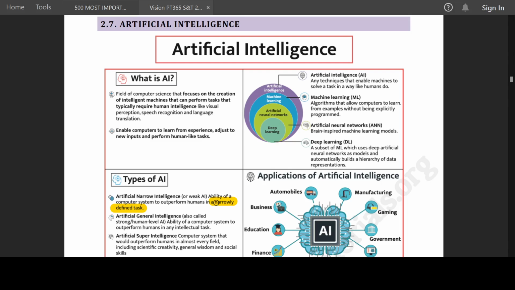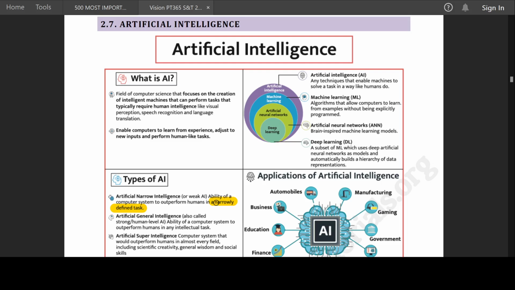Artificial intelligence is the uppermost part of the whole technology. Any technique that enables machines to solve a task in a way like humans do is called artificial intelligence. Machine learning: algorithms that allow computers to learn without being explicitly programmed. Artificial neural networks, ANN: brain-inspired machine learning models.